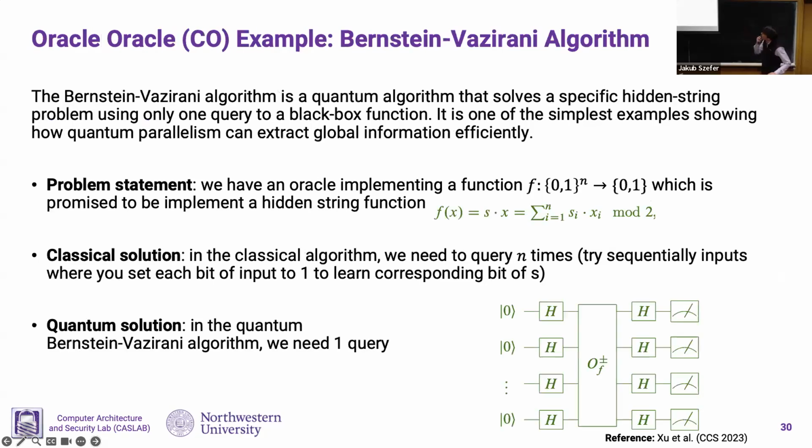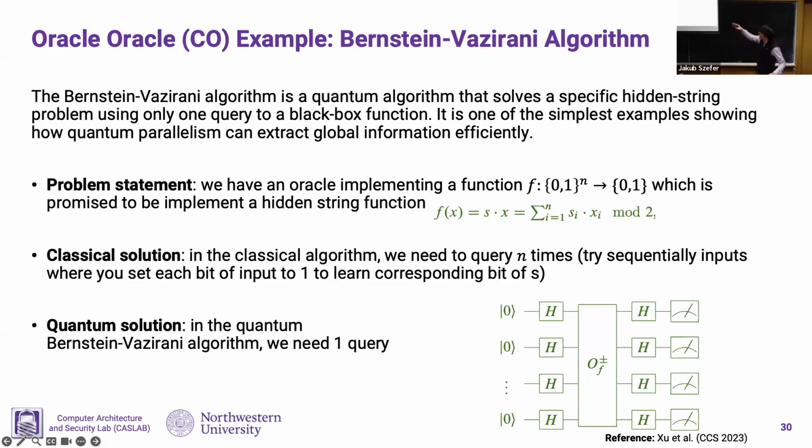And then here are some examples. For example, the Bernstein-Vazirani circuit: the problem is basically you're trying to find a hidden substring. The function is given a string of ones and zeros, and the output is either 1 or 0. You give it a string of ones and zeros and it tells you whether that is the hidden string or not.